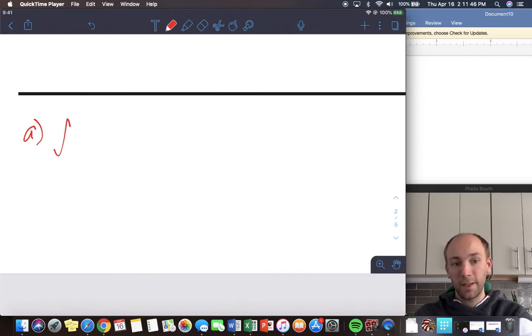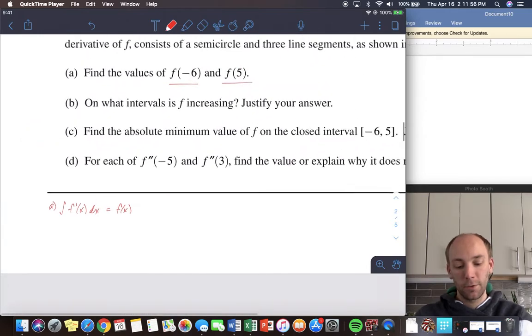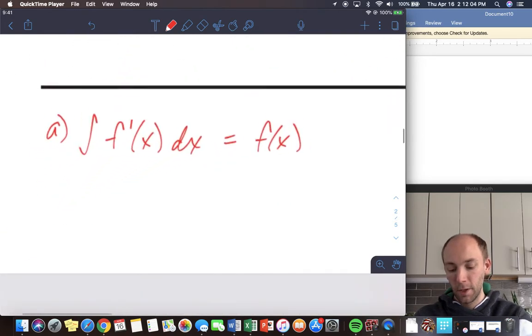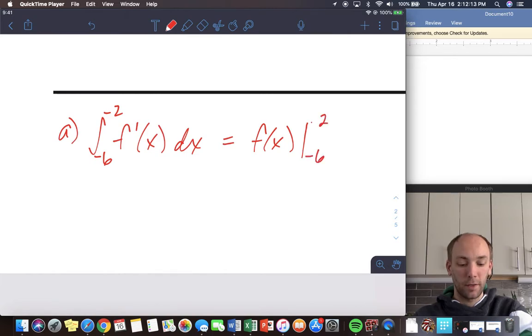It says that if I take the integral of f prime, this will get me f of x. We'll use the initial value it gives me and one of these values we're trying to find. So this integral will go from -6 to -2, and I'll evaluate my function from -6 to -2.